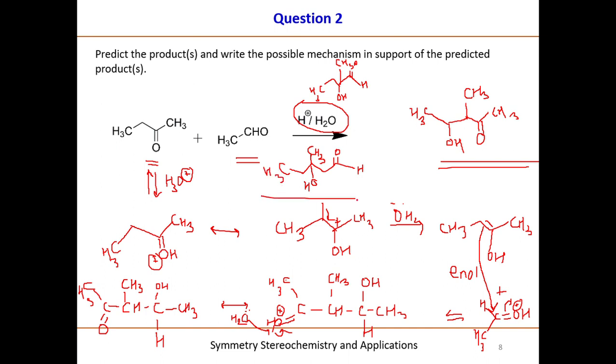Okay, so this is the second product. This one is the first product. So there are two possible ways of writing a product. Both are correct. So you have to do the mechanism by yourself. I hope this one is clear to you. Now we can move to the next question.